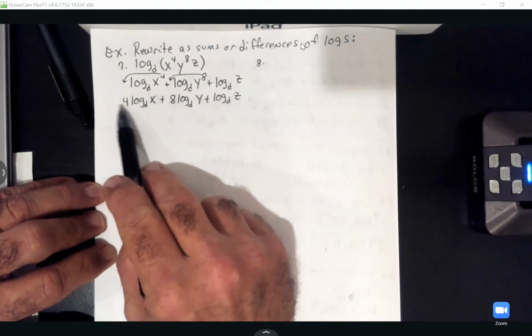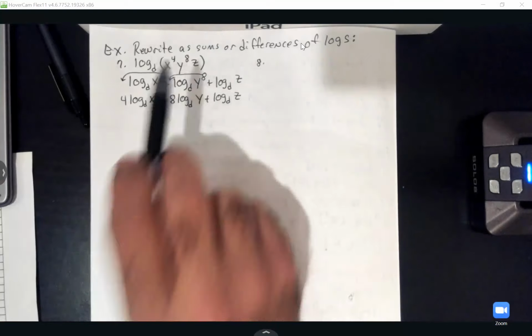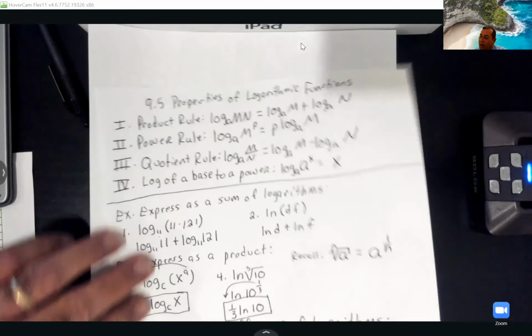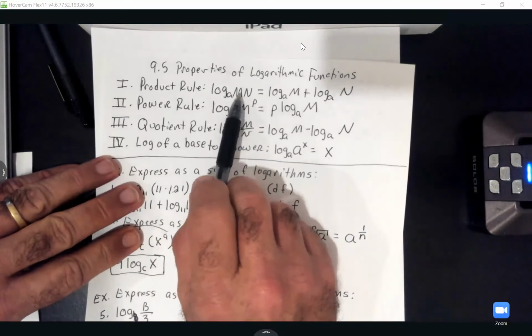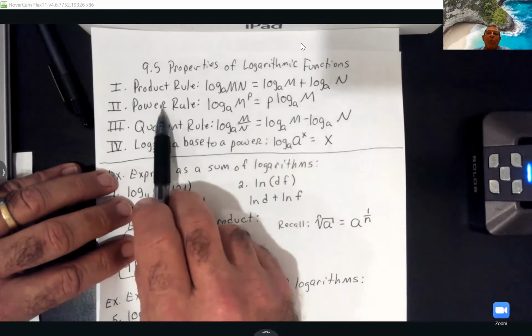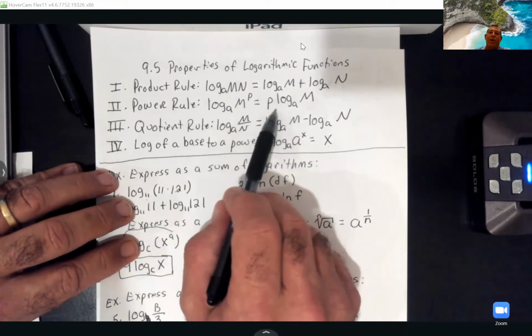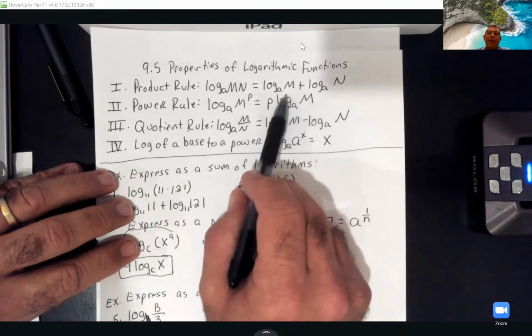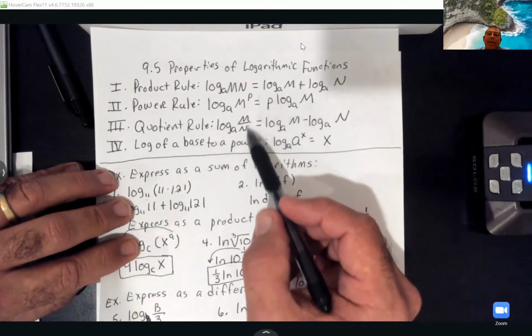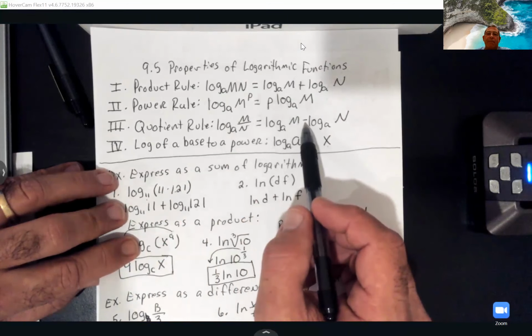We know to do that just because of rule 2. When we had a product, we automatically knew we had to write that as addition. The power rule told me that if I have exponents, I have to bring them down to the front and write it as a little product there. And if I have anything being divided, it's going to be rewritten as subtraction.